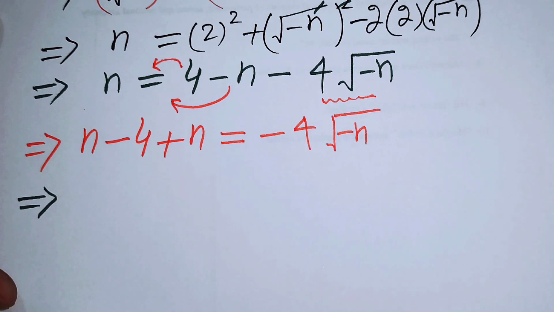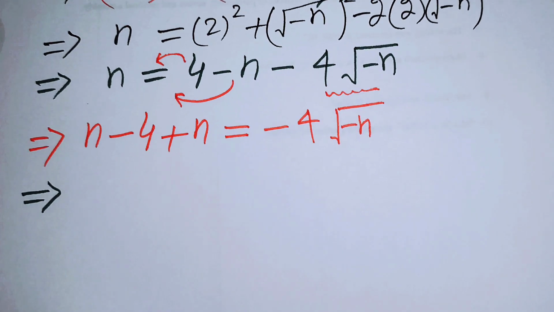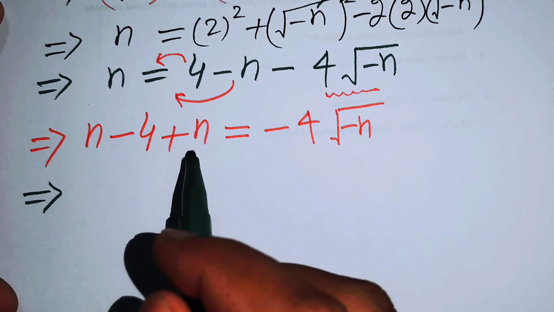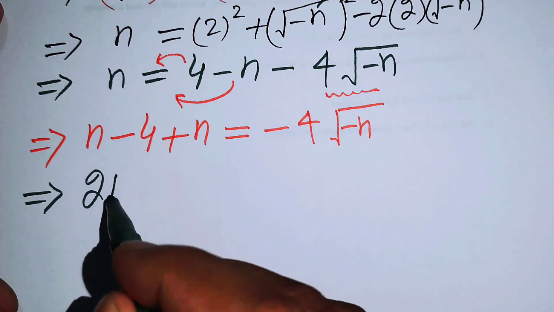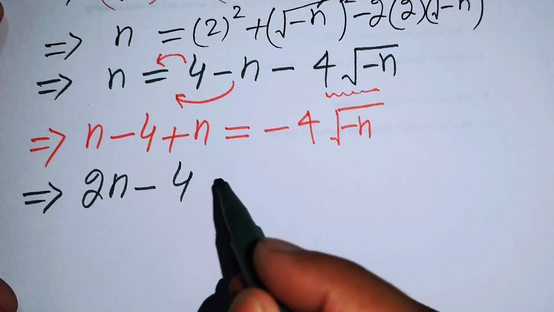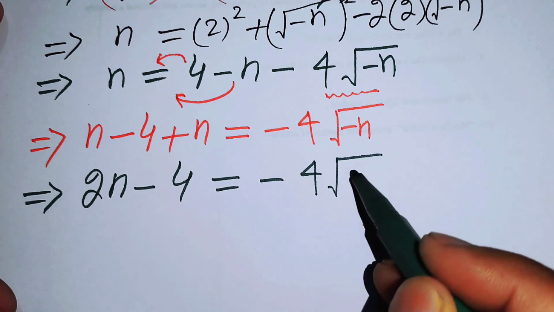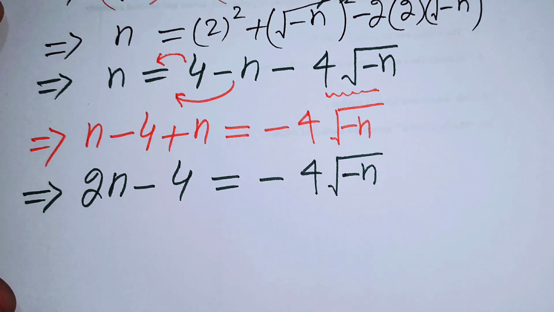After simplification I can again take the squaring on both of the sides. Here you have n + n, which is 2n − 4 = −4√(−n).